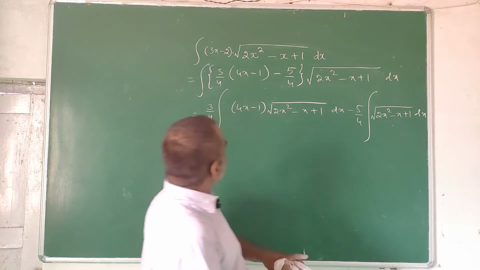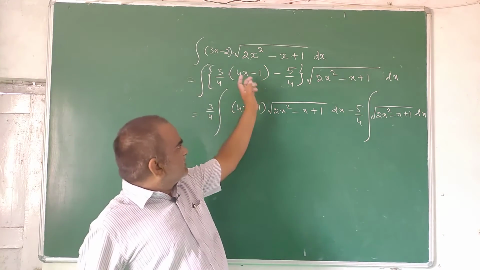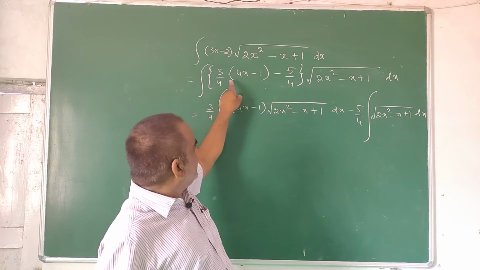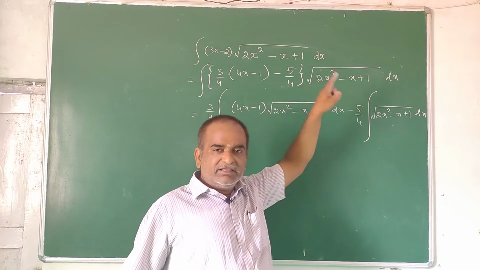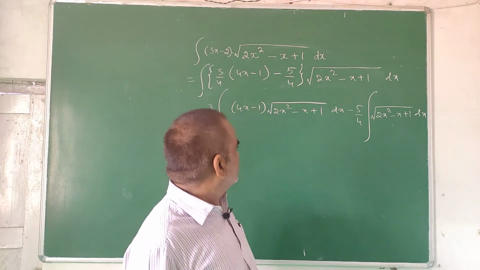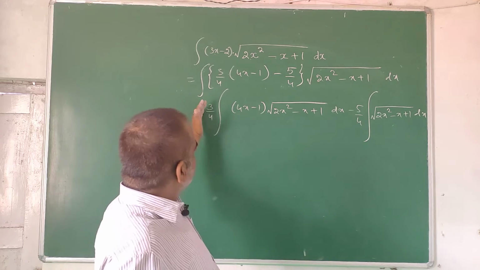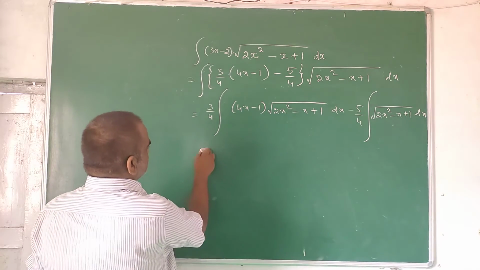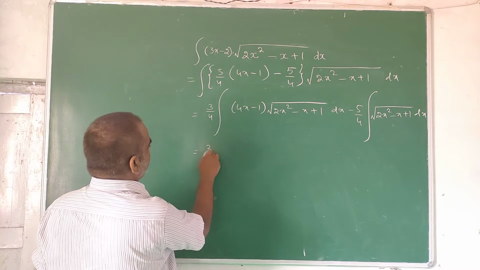Did you understand this step? A, this whole thing A, say this whole product, A minus b into x is equal to ax minus bx. That's what I applied. As constant being outside, no problem. So now this is equal to 3 by 4 integral.